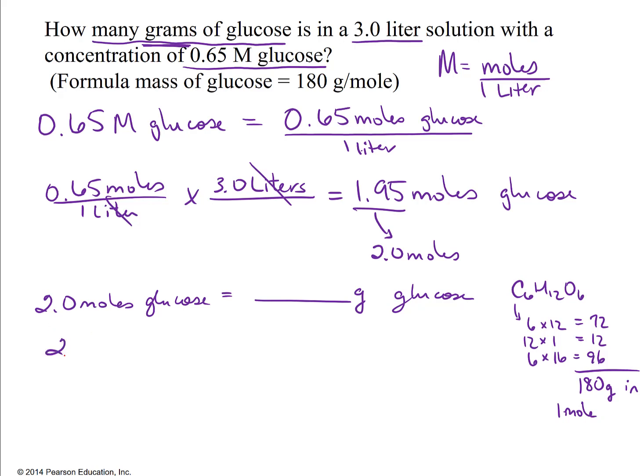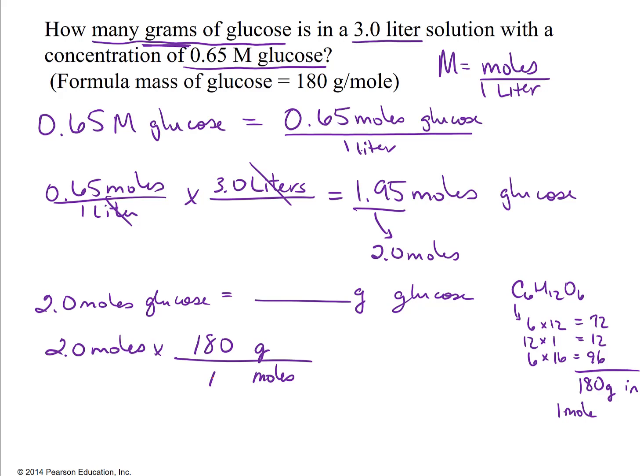So the last part is just converting from moles using this value. What unit goes on the bottom? So moles goes on the bottom. Then the unit you're given is going to go on the bottom. Grams will go on the top. And there is 180 in 1.